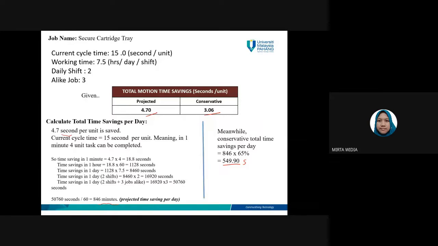Okay. First, sebelum 1 hour kita dah calculate untuk 1 minit, cik. 1 minit kita dapat 18.8 second. Okay. So kalau kita nak calculate untuk 1 hour kan ada 60 minit. Betul. Okay. So 60 times 18.8 jadi 1128 second.